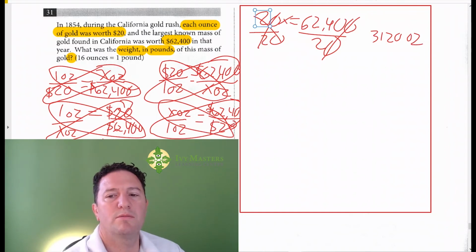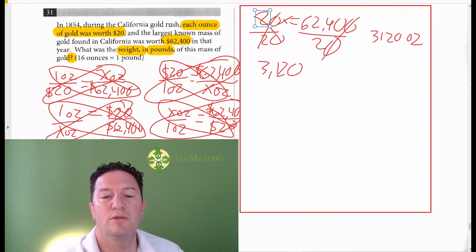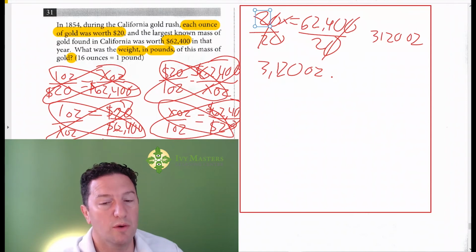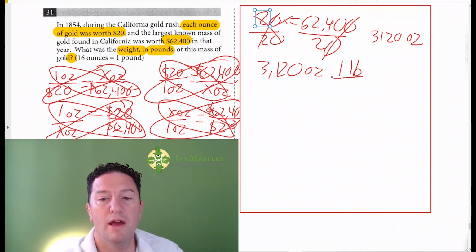Now, some students are like, yeah, but we need pounds, which is good. We do need pounds. Since we've got ounces here, what you can do is stoichiometry. Since 1 pound equals 16 ounces, I can multiply by 1 pound over 16 ounces or 16 ounces over 1 pound, depending on what I'm looking at. If I've got 1 pound over 16 ounces, then my ounces units cancel.